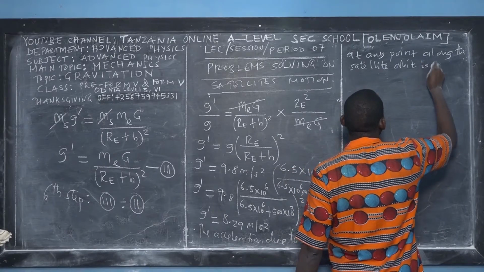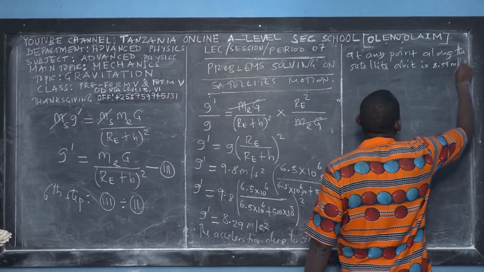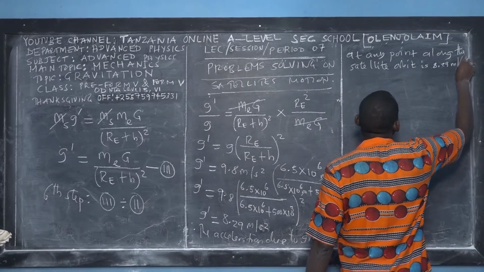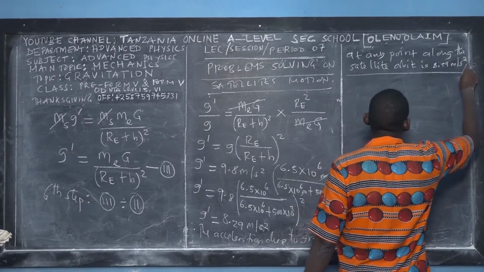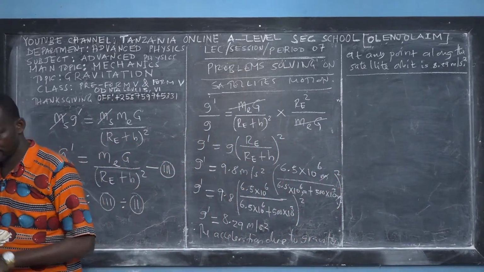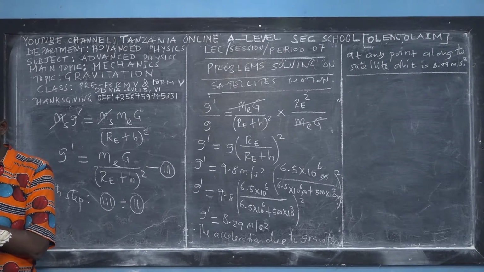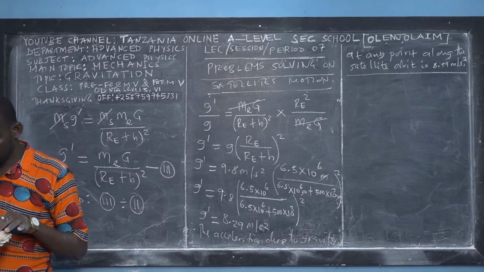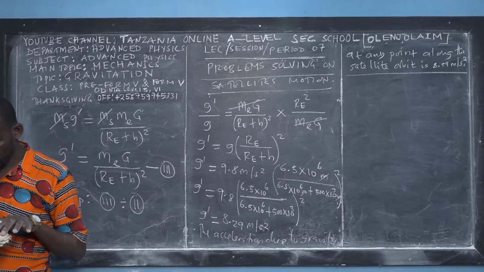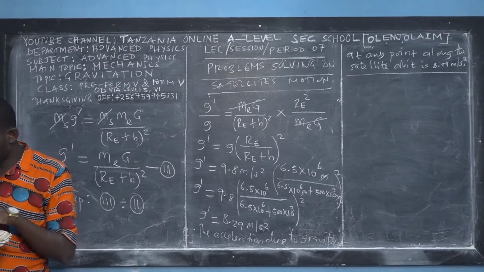So G is 8.29 meter per second square. Make sure that you get that value. Okay? Interesting. So that's the value of acceleration due to gravity.